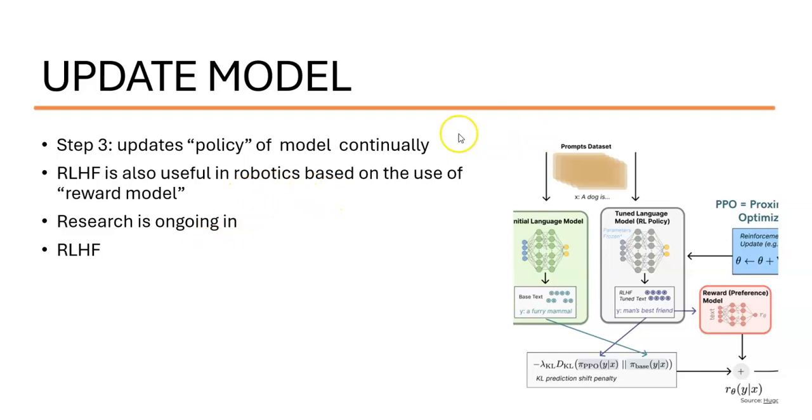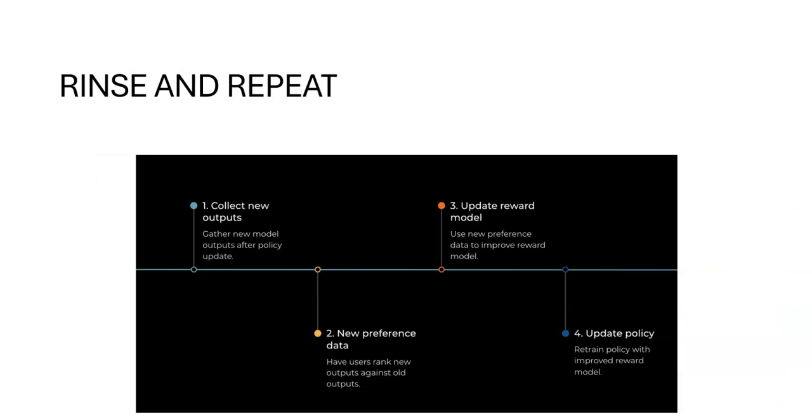And reinforcement learning is very useful even on the robotics side, because the robotics field has been emerging continuously. By using this reward model, robots have been built, and even some research is going on for further efficient development of robots by using this reward model and reinforcement learning.